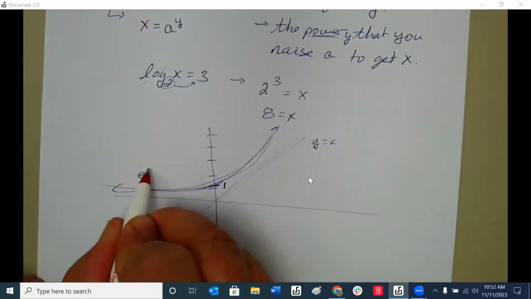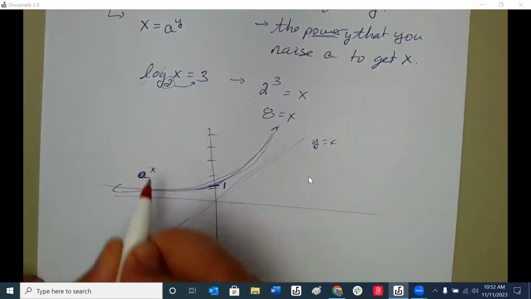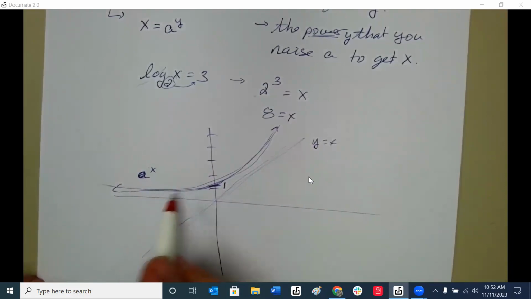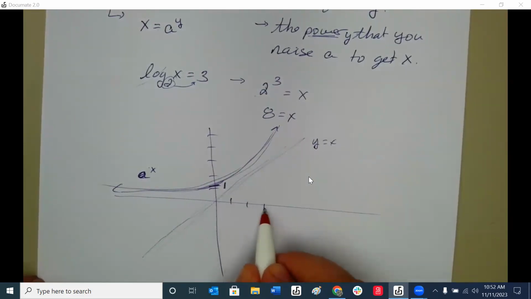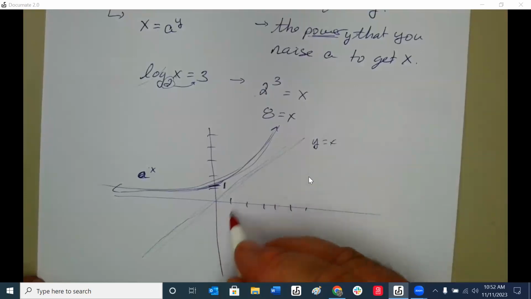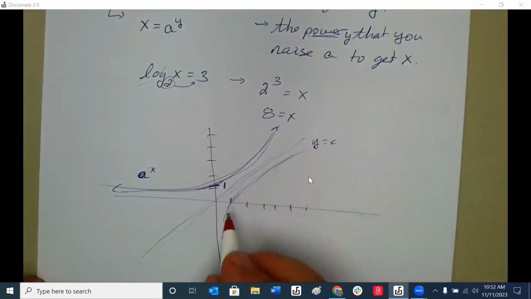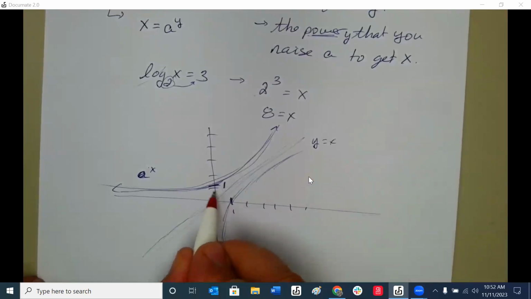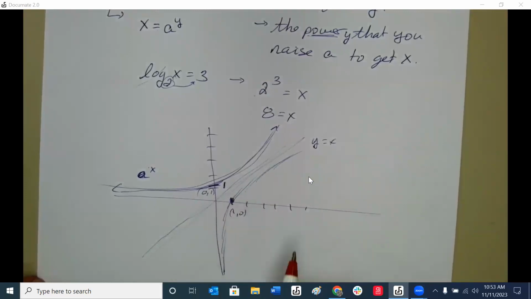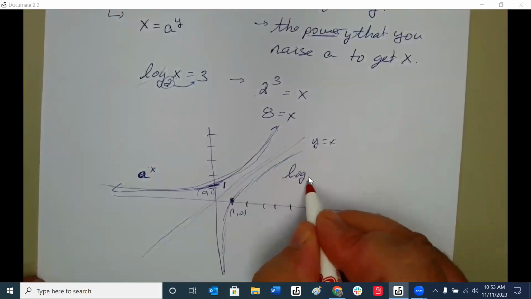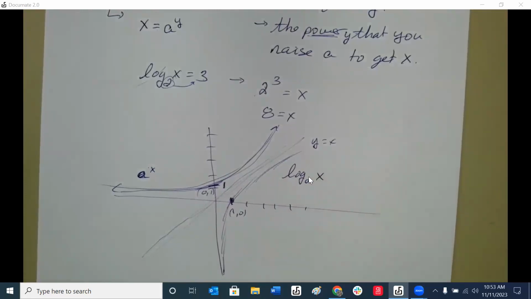Since the exponential equation a to the power x is that graph, we have to be able to flip it across this line, which means it crosses, instead of at 0, 1, it crosses at 1, 0. This is the log base a of x. So they're inverses of each other.